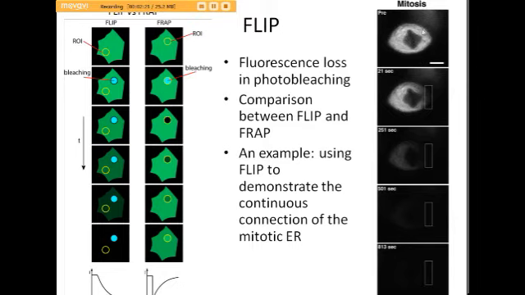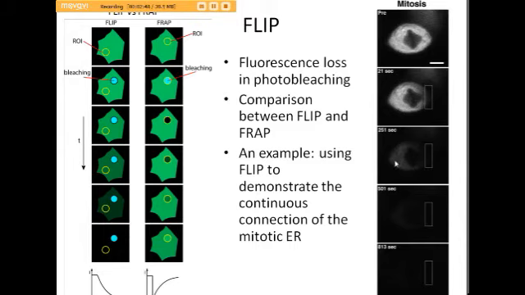This is the same example to answer the question whether mitotic ER is continuous or not. We could use FLIP to demonstrate that mitotic ER is continuous. This is the mitotic ER, the lamin B receptor GFP, and this is the ROI we continuously photobleach.